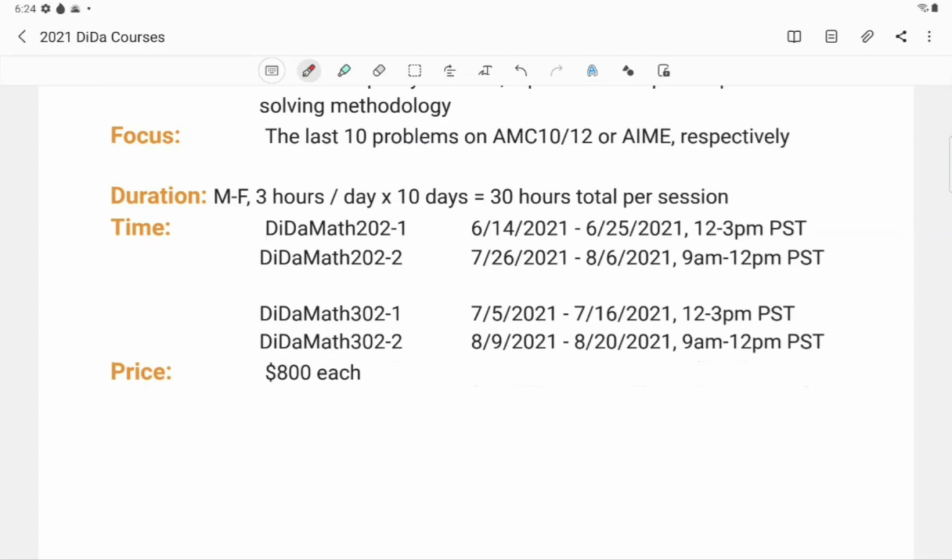Each camp has 2 sessions. Like for the AMC, there's a session that starts on Monday, June the 14th, and there's another session that repeats it on July the 26th, and you can see the times here. All of these will be in a course that's to be set up right after this trial lesson.